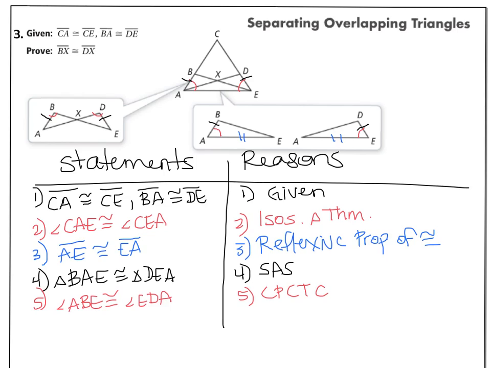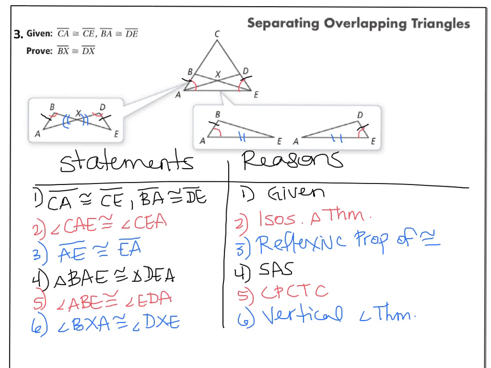Looking at this little triangle, I also know by vertical angles that these two angles are congruent. So angle BXA is congruent to angle DXE by vertical angles theorem. So I know that this triangle BAX is congruent to this triangle DEX by angle side.